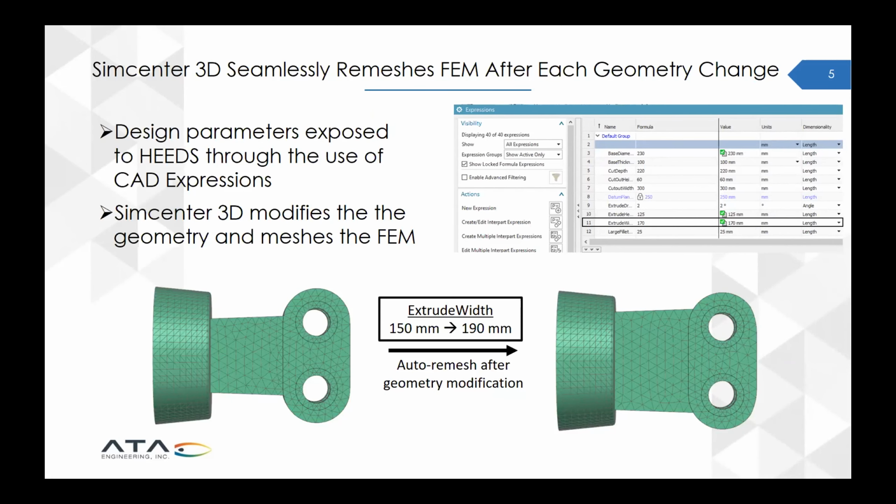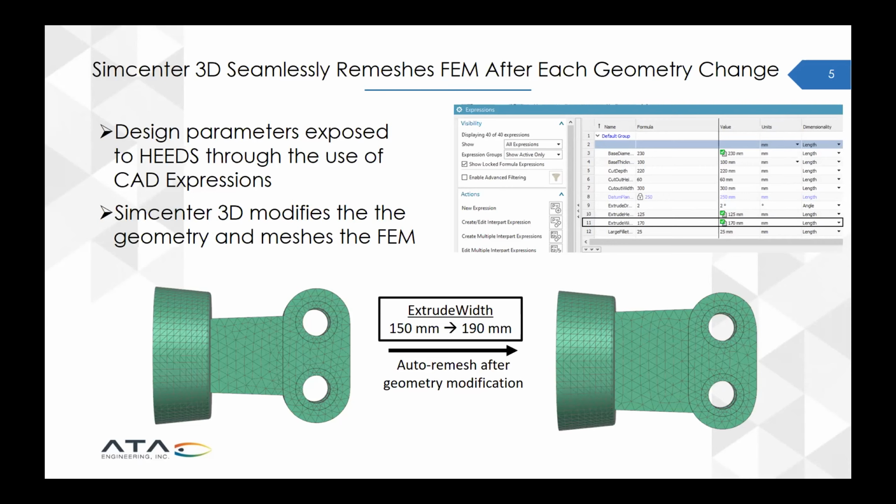To create both the solid model of the part and also mesh and run the analysis, we're using Simcenter 3D, which seamlessly makes model changes and then remeshes the FEM after each geometry change before running an analysis. Design parameters are exposed within Simcenter 3D so that HEEDS can see them through the use of CAD expressions, which is what I'm showing in the upper right-hand corner.